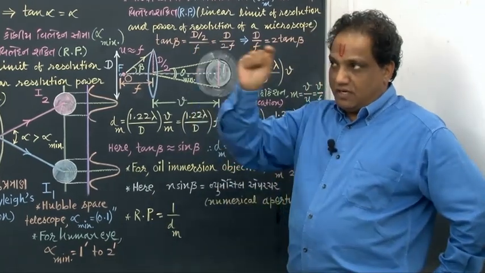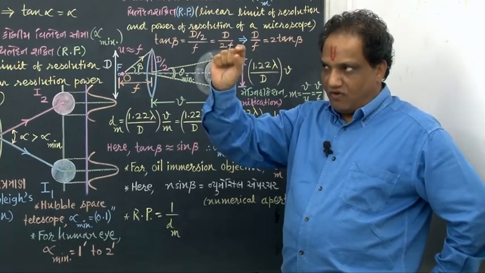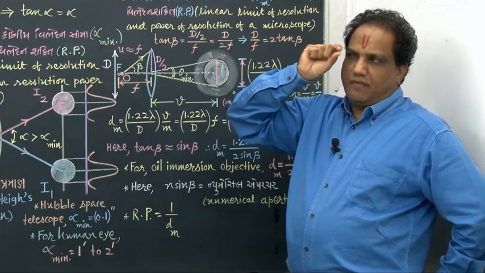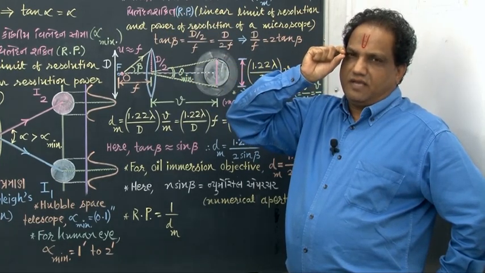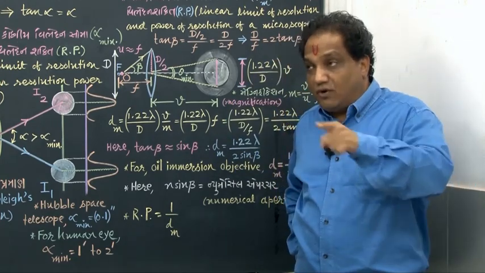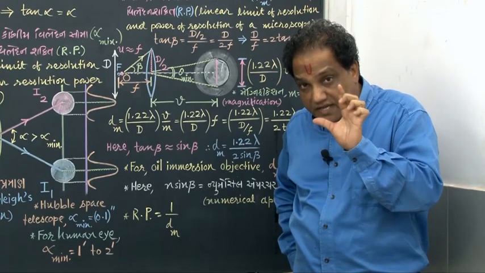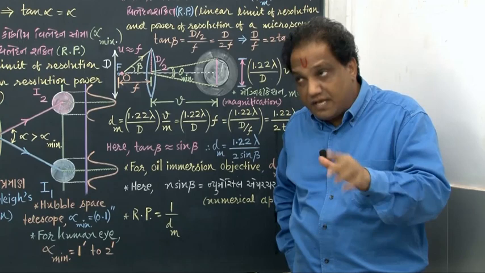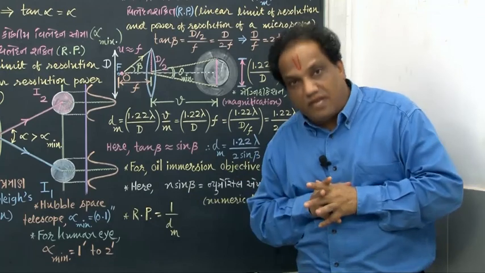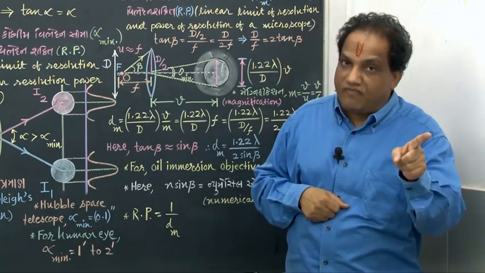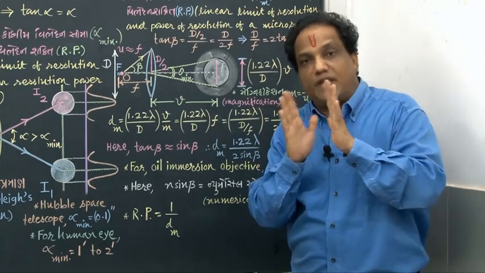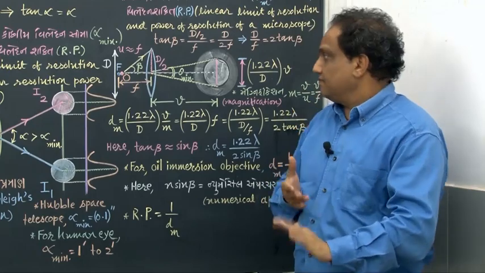If you try to see two point-like objects which are far from you, and the light rays coming from those two objects make an angle at the human eye lesser than 1 minute, then that person cannot see those two objects clearly. He cannot see them separately. The images will get mixed with one another because the angle is lesser than alpha minimum. As long as alpha is equal to or greater than alpha minimum, those two images can be seen separately. Okay, fine.